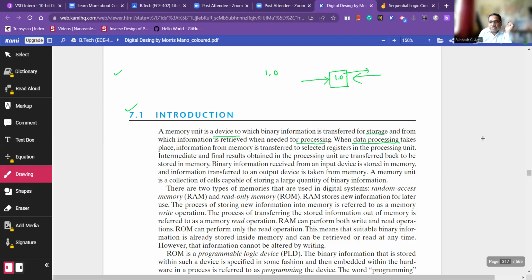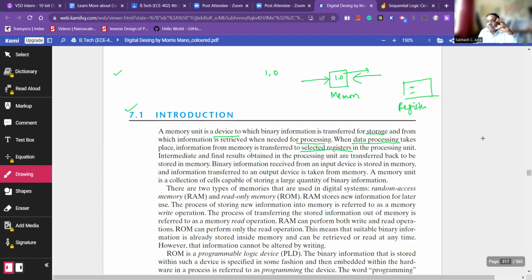Information from memory is transferred to a selected register. So this is a memory unit, and there is another memory element that is also called a register. In that register, data processing tasks like addition, subtraction, and logical operations take place.